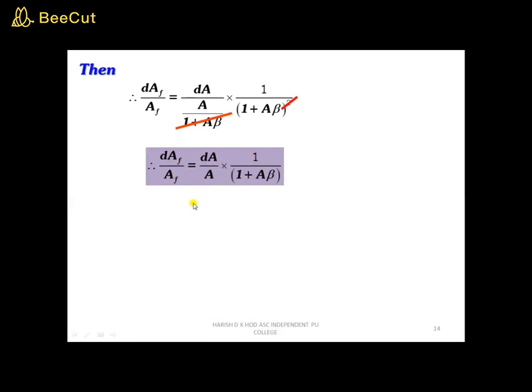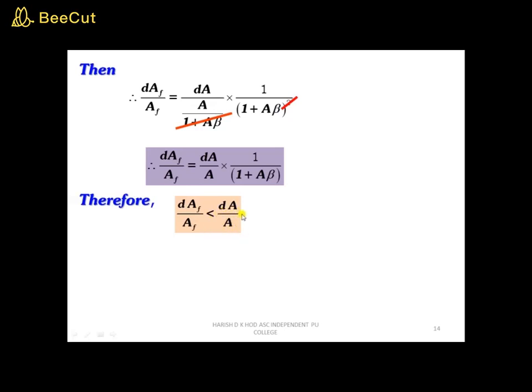So from this equation it is very clear that dAF by AF, that is the ratio of change in the gain of an amplifier with feedback to the gain of an amplifier with feedback, is lesser than the change in the gain of an amplifier without feedback to the gain of an amplifier without feedback.